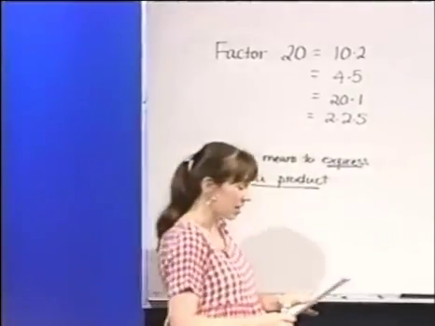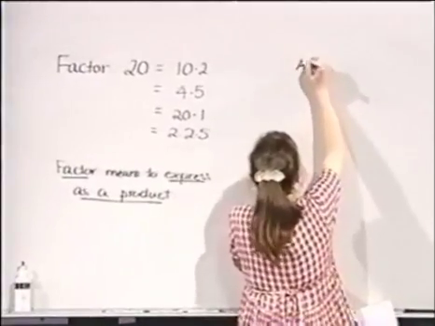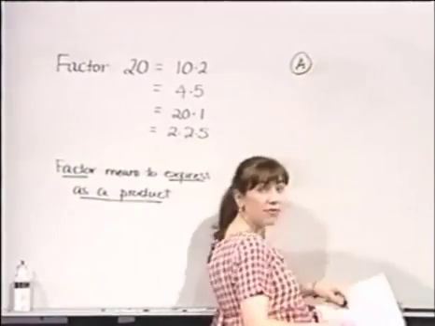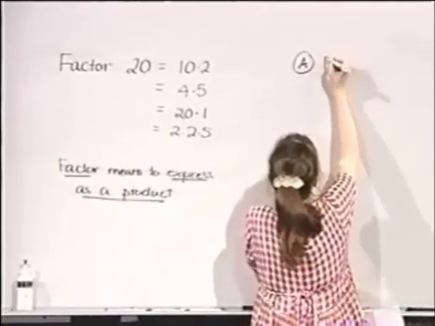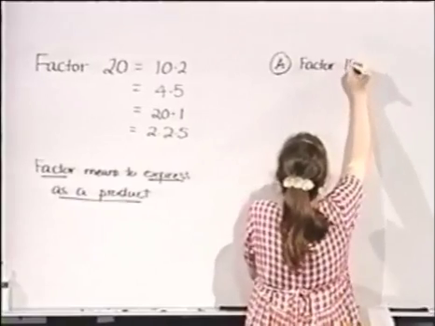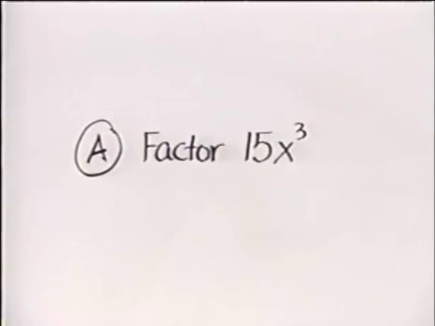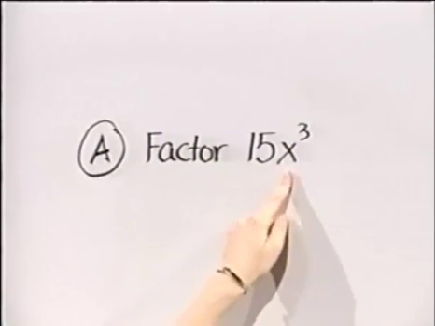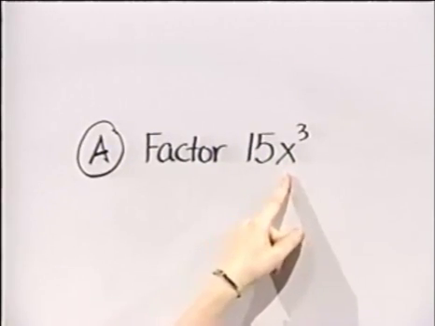So let's look at some examples. First example, A. Let's factor the polynomial 15x cubed. Well, I want to write 15x cubed as a product, and there are several different ways you could do that.